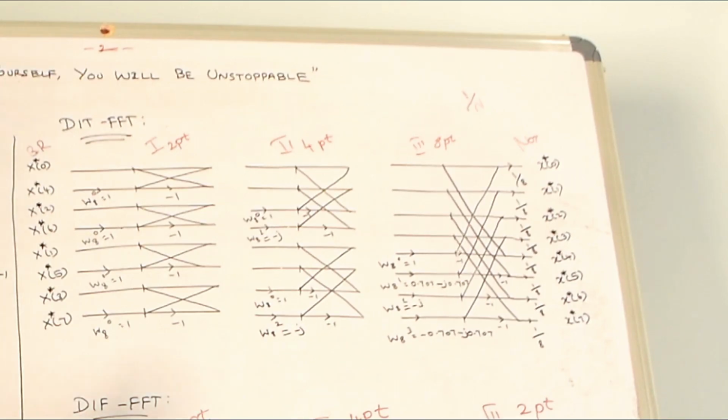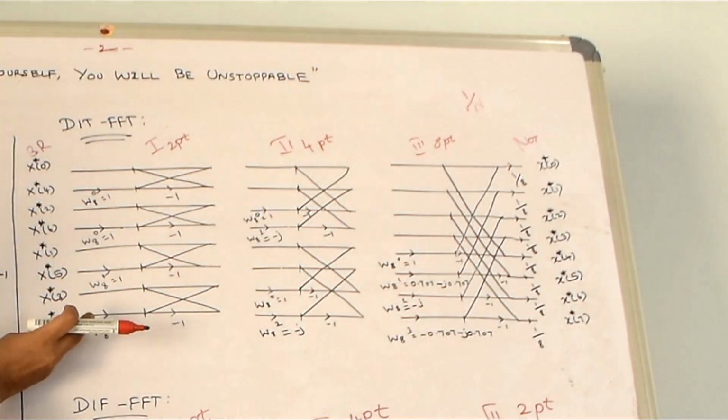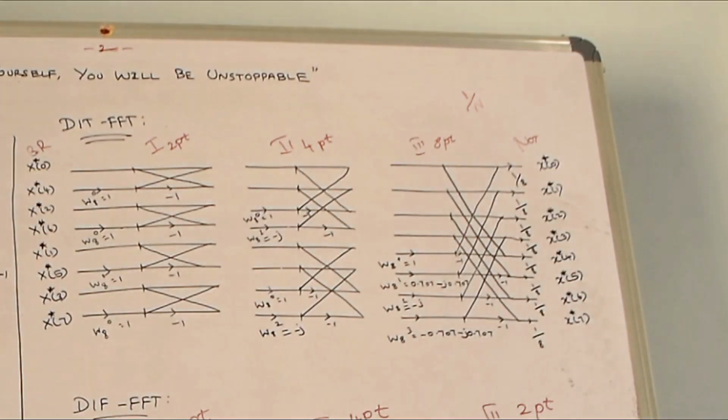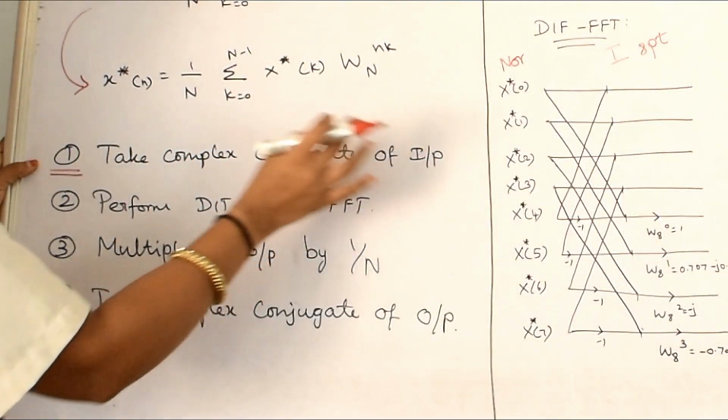So instead of changing the sign of the Twiddle factor, we are changing the input. That is, first step is you have to consider the complex conjugate of the input.